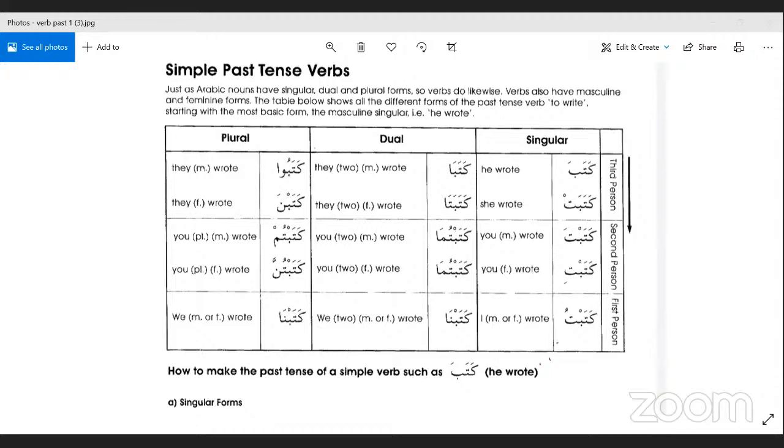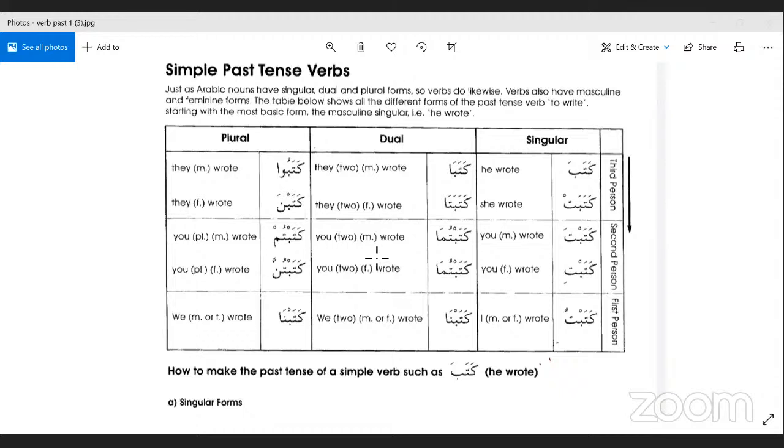Kabara, kabaru, kabarat, kabarta, kabarna. Second person, kabarat. Kabartuma, kabartum.